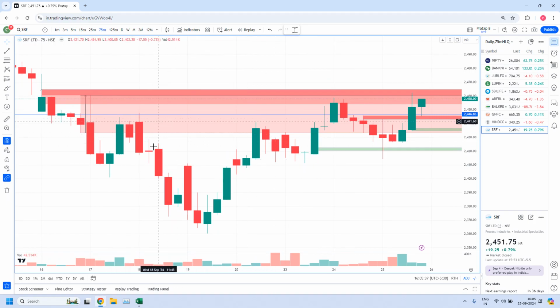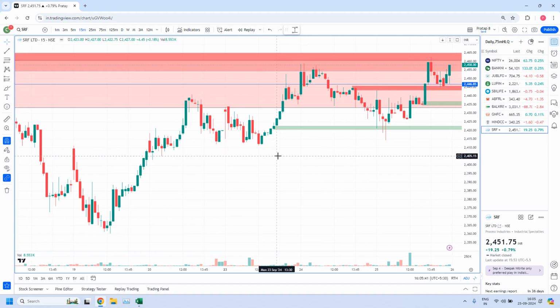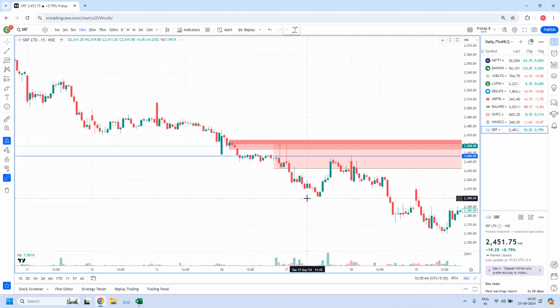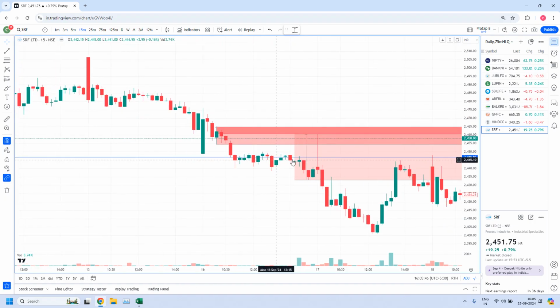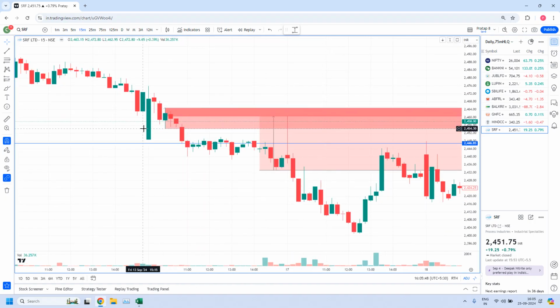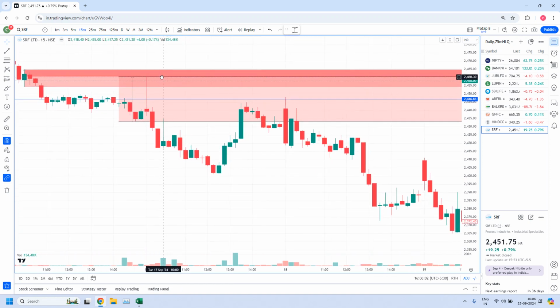And this is fine tuned with the 15 minutes time frame. So here you have a 15 minute zone: drop, 3 base candles, and again add some hidden body. Some more body will be added to this candle. This is a drop candle, drop base drop, 15 minute zone. And from this zone it picked up the orders and came down. It has a fine tuned 5 minute zone that we will see.